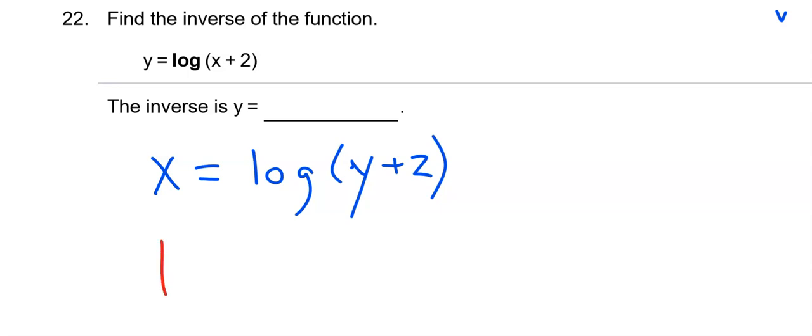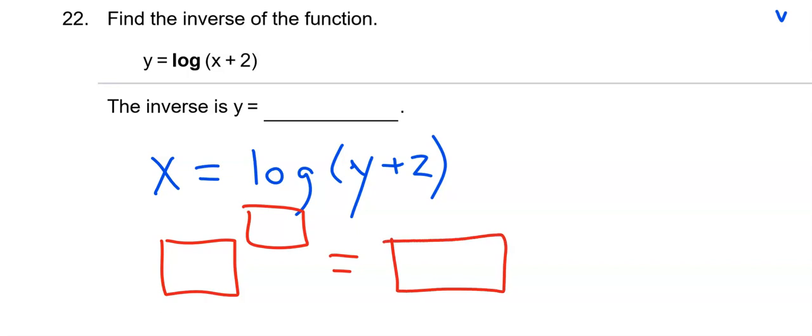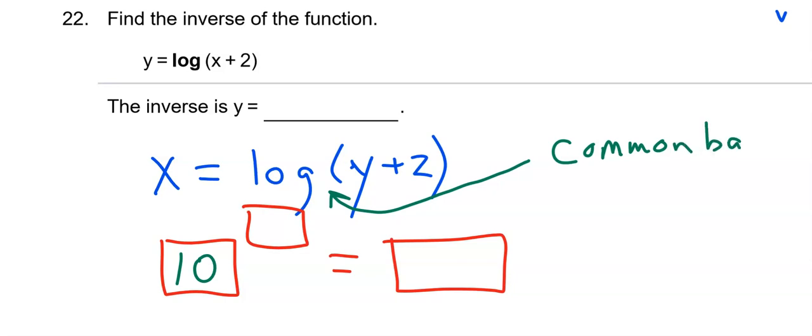We have a single logarithm, so we want to change it to base to an exponent equals some other value. So, what's the base? Now, I did mention in the last video that when you don't see the base, you automatically know it's 10. That's called a common log.